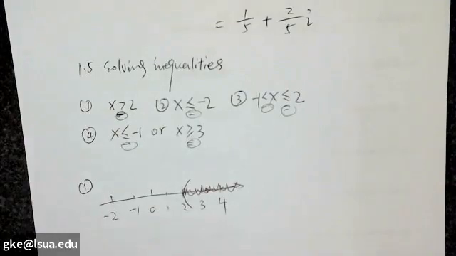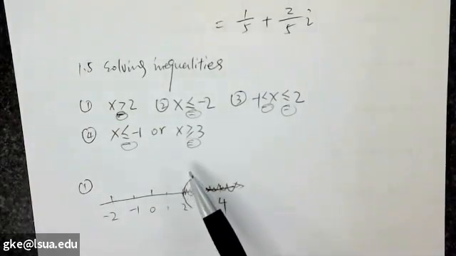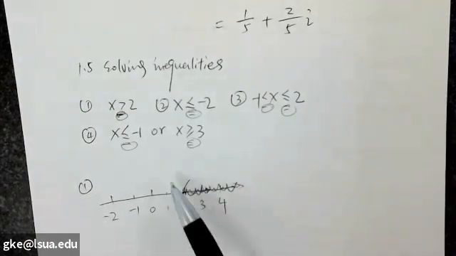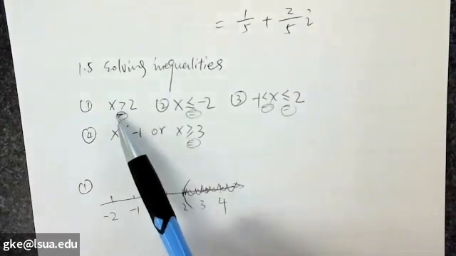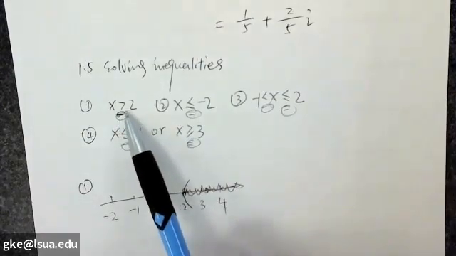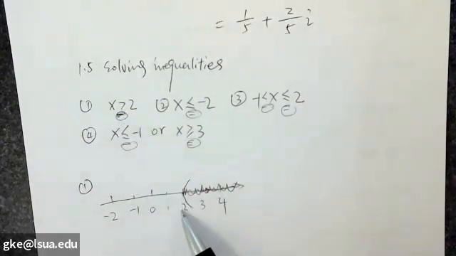And here I use the round bracket. The round bracket means it does not include the 2, because here it is only greater than, and doesn't include the equal to.